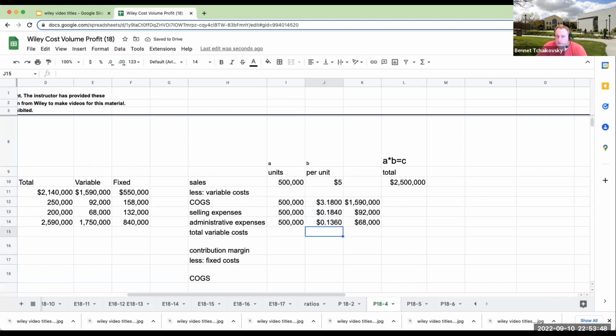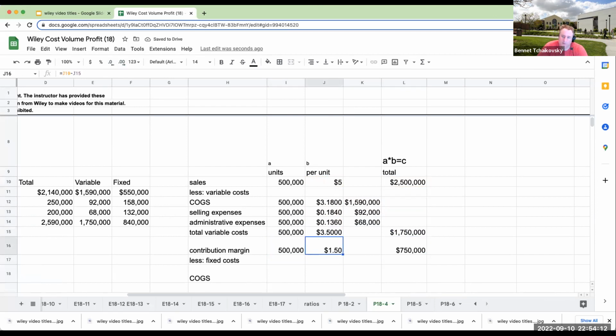My total variable costs come to $3.50 per unit. The contribution margin is $5 minus total variable costs, so $1.50 per unit. In total, this is 2.5 million minus 1,750,000, or 750,000.